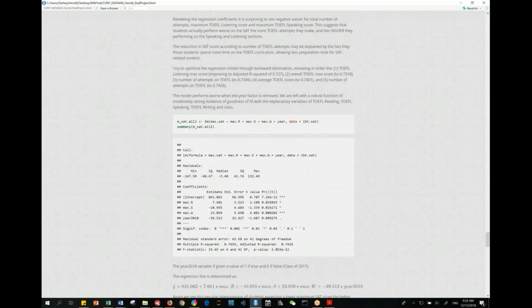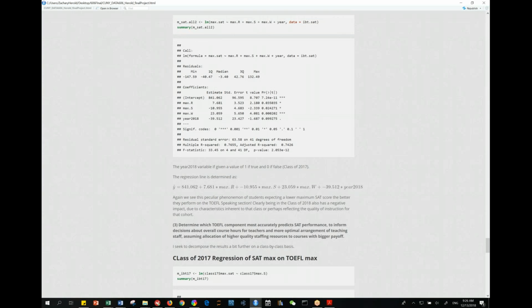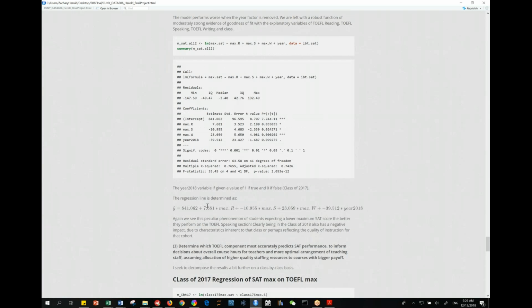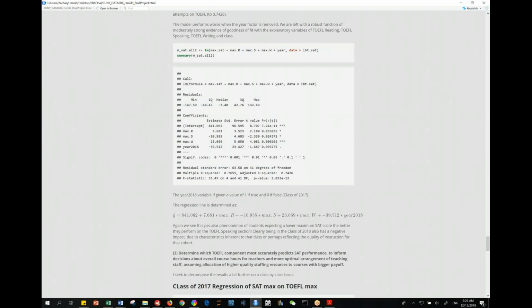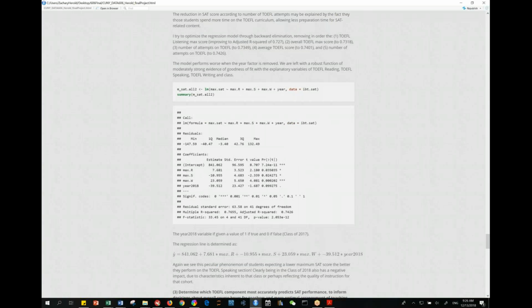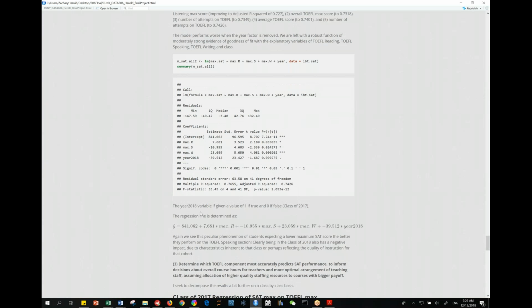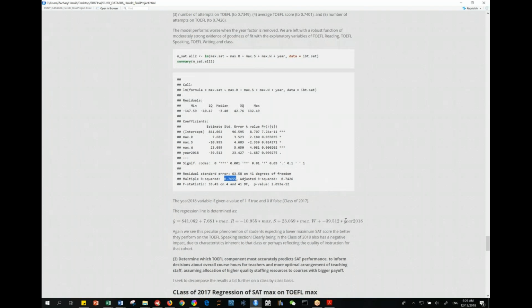And just to go ahead here, so eventually what I did is I merged all of the data and then tried to construct a multivariate regression model. And I did some backward elimination so that the model that has the highest multiple R-squared value was this one that looked at the TOEFL reading score, the TOEFL speaking score, and the TOEFL writing score, as well as the year, which was the only categorical variable here.